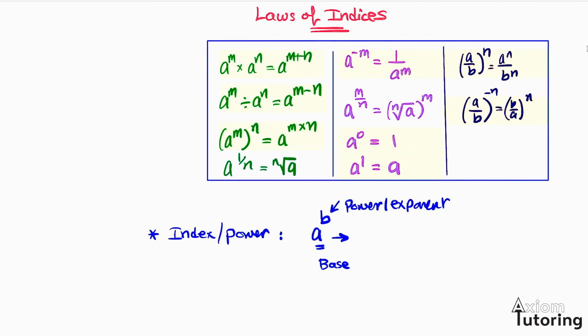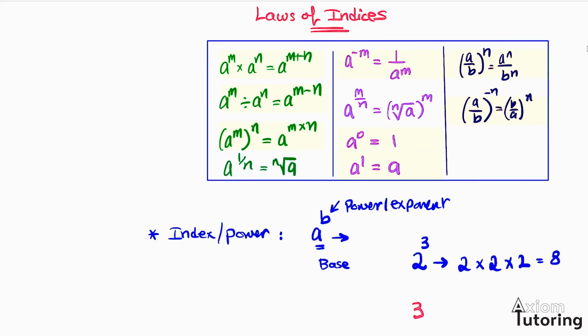Let's look at a real example to see what this means. With a base of 2 and a power of 3, we say this is 2 to the power of 3, and it means 2 multiplied by itself 3 times, which gives us 8. This is not to be confused with 2 times 3.